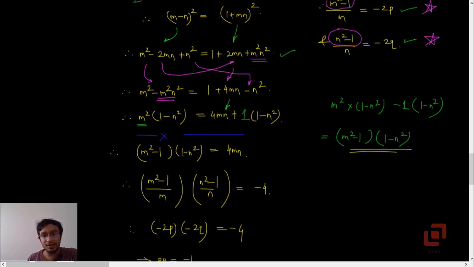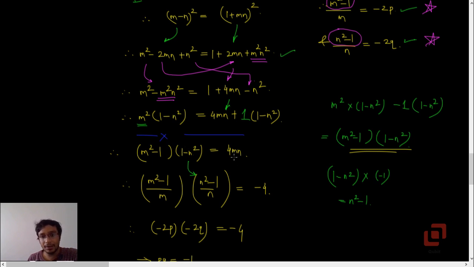Now what I have done is I have multiplied this by minus 1. Okay, 1 minus n squared. So that will then become n squared minus 1. Yes, but because you have multiplied the left hand side by minus 1, the right hand side should also be multiplied by minus 1, so that will become minus 4mn.